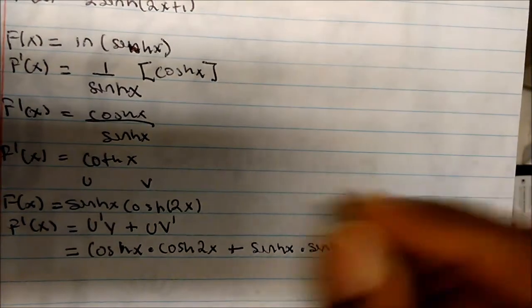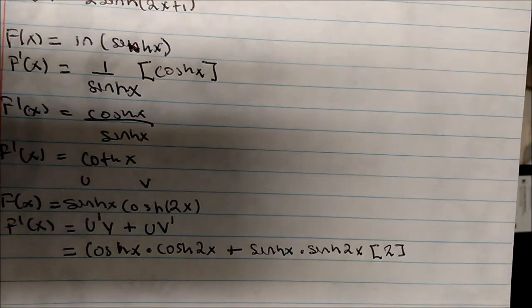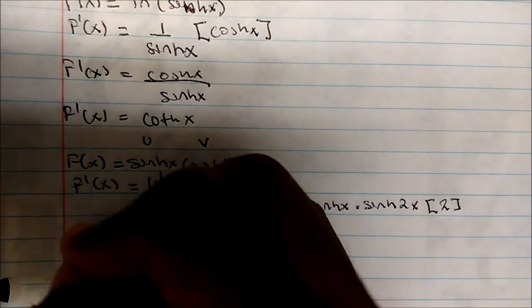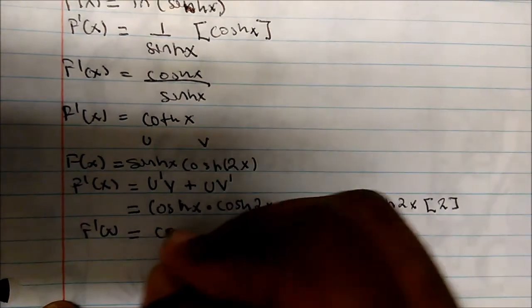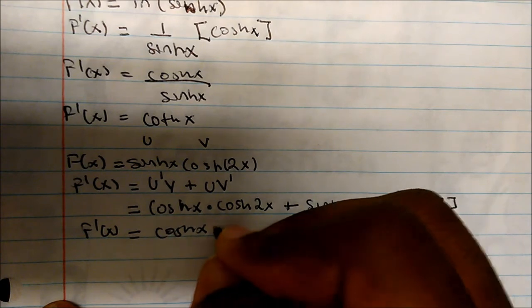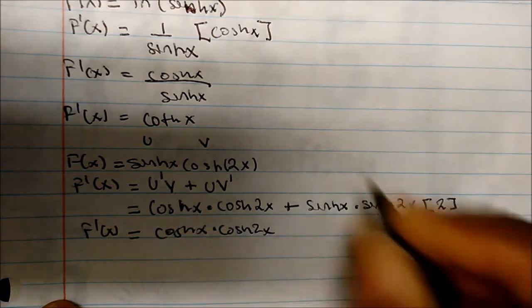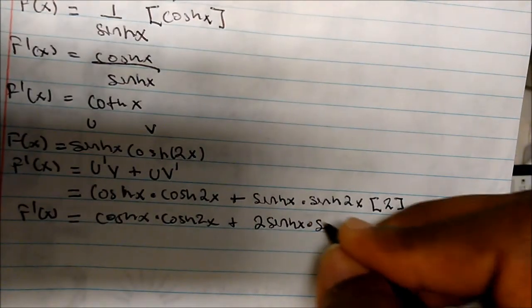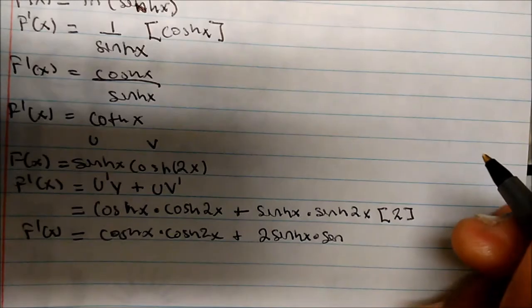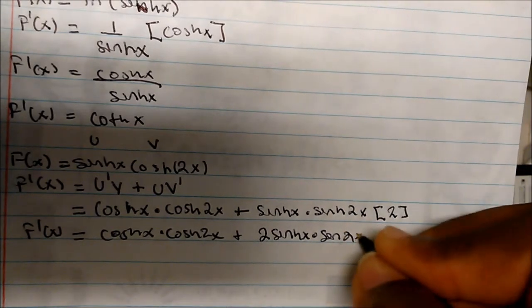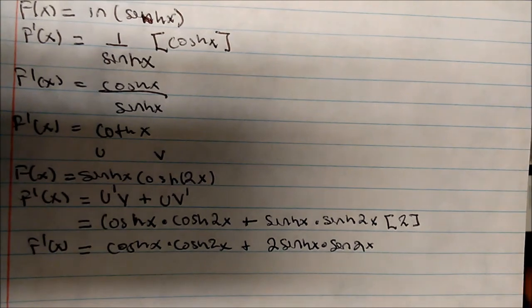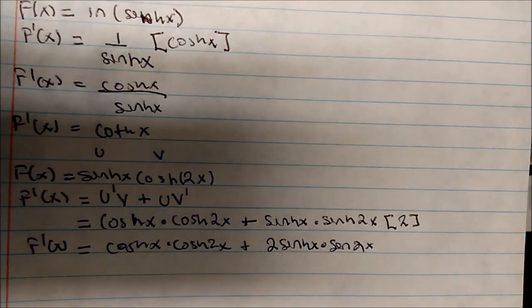We have an argument here, and so the derivative of the inside now happens to be 2. I could simplify this further to say my actual derivative is cosine hyperbolic of x times cosine hyperbolic of 2x plus 2 sine hyperbolic of x times sine hyperbolic of 2x. All I did was put my constant in front because it makes it look better. So again, nothing difficult. It's just the basic idea that we should know.